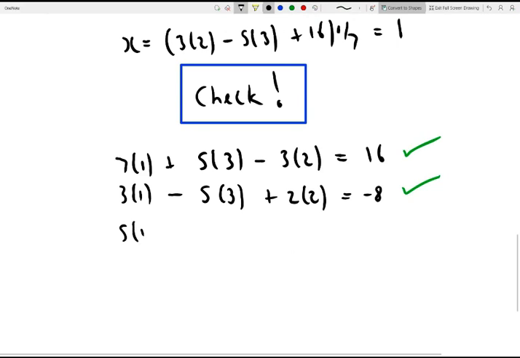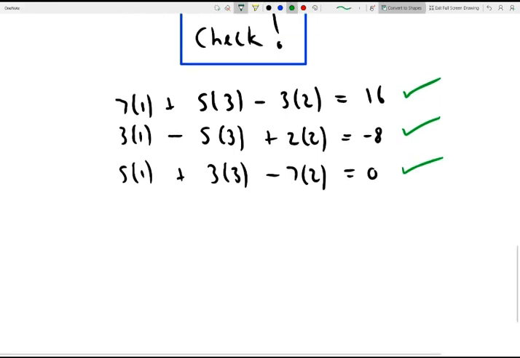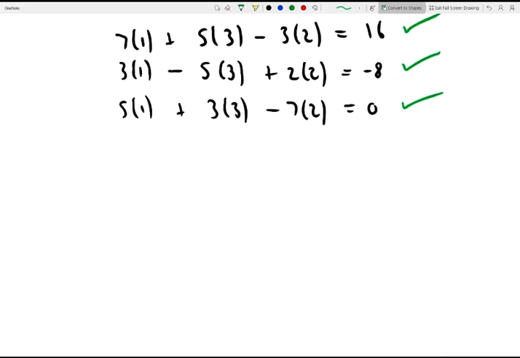And finally 5 times 1 plus 3 times 3 minus 7 times 2 is meant to be 0, and it is, so our solutions are all correct.